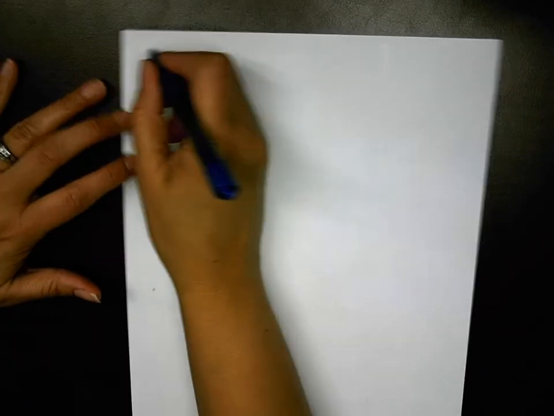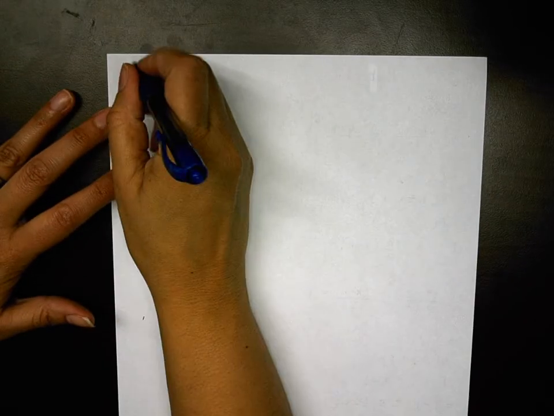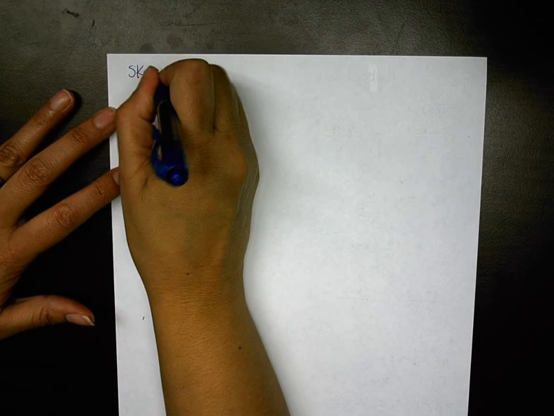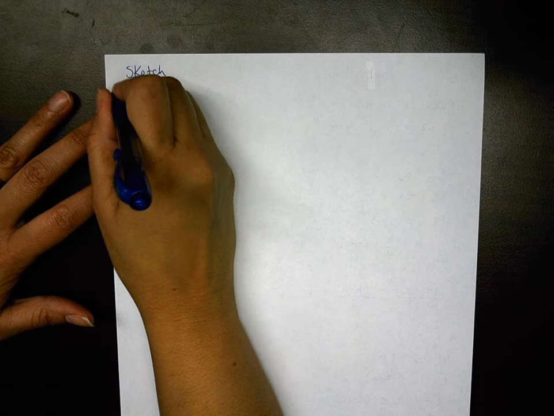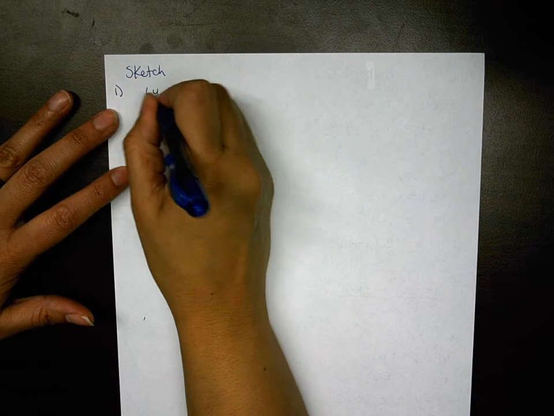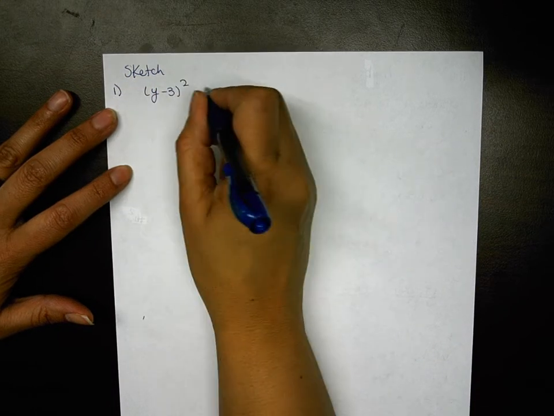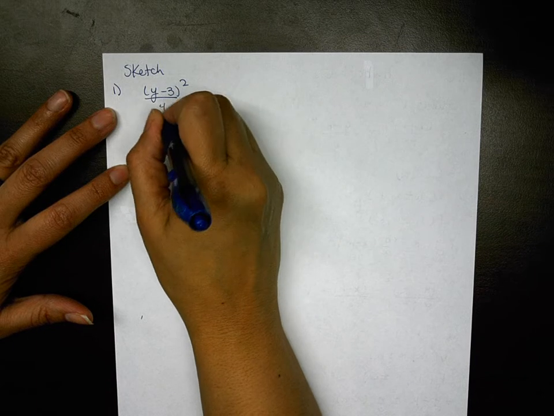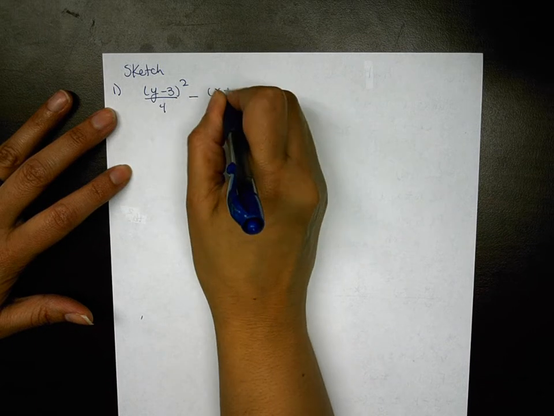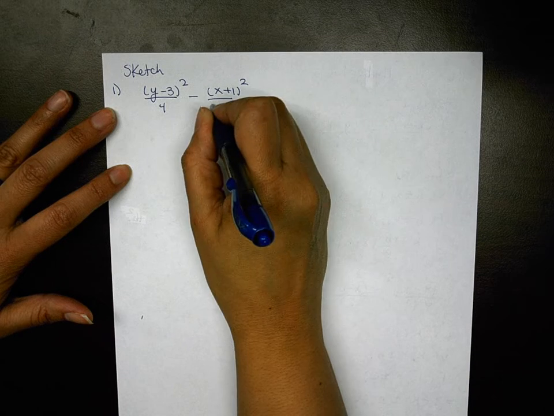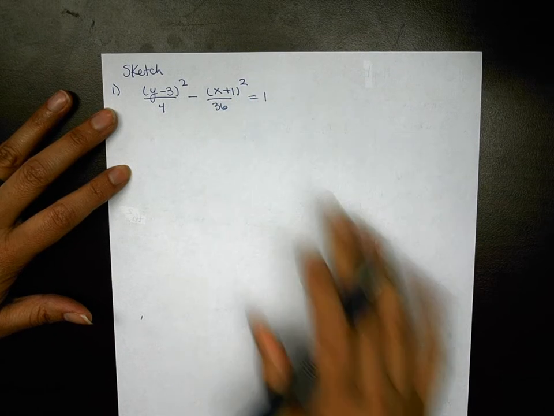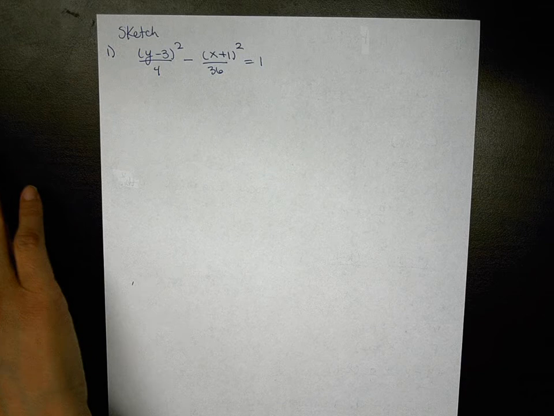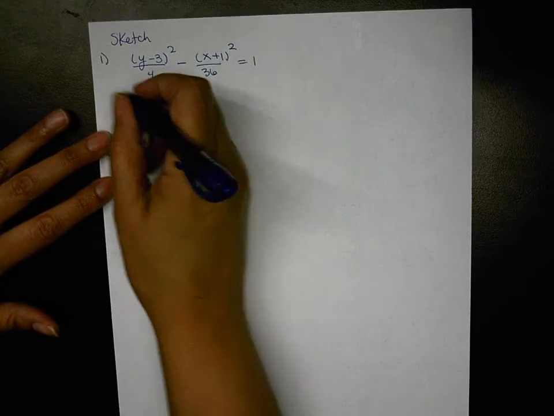Number 1, sketch. Y minus 3 quantity squared over 4 minus x plus 1 quantity squared over 36 equals 1. Okay. We are going to get through this.